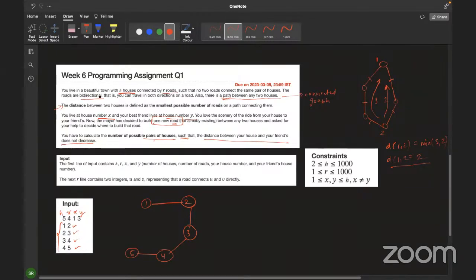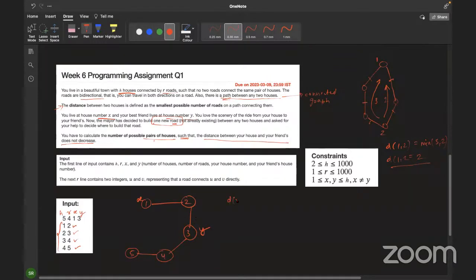That is, the roads are bidirectional, you can travel in any direction. And there is a path between any two houses. The whole graph is connected, right? Now, we need to build a new road. We have to build a new connection between any two houses, such that the distance between X, that is 1, and Y, that is 3, does not change.